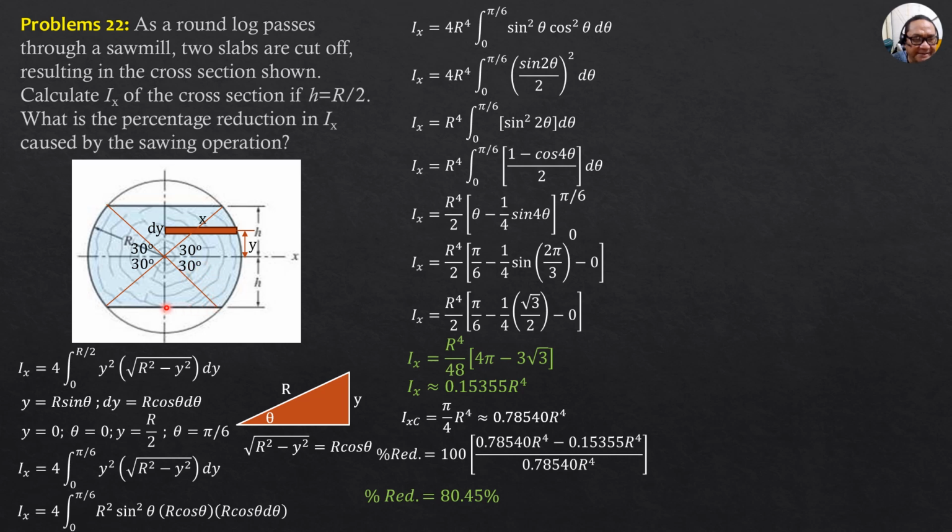Therefore, one side is r, this is r cosine of 30. R cosine of 30 is square root of 3 over 2 times r, and since there are two equal legs, the whole base of this triangle would be square root of 3 over 2 r times 2, so square root of 3 r.